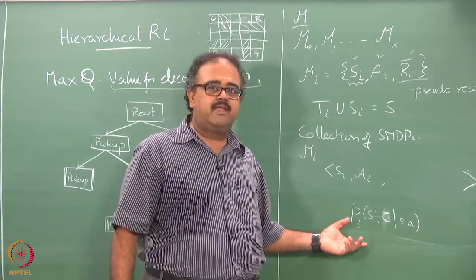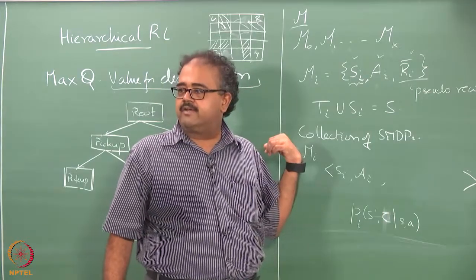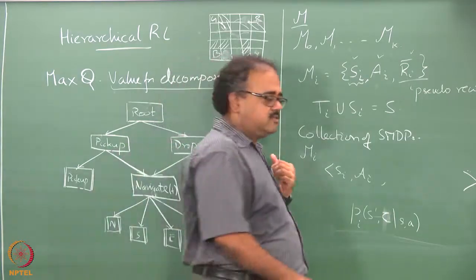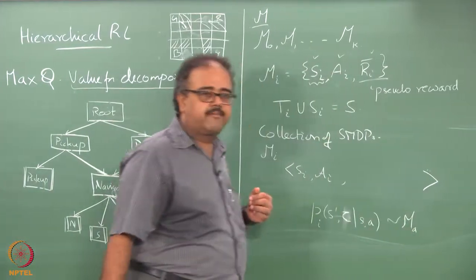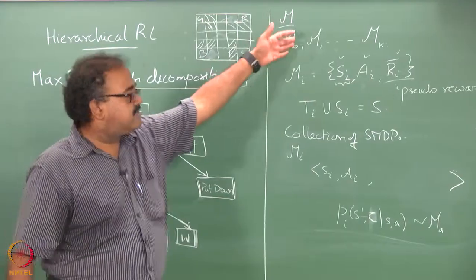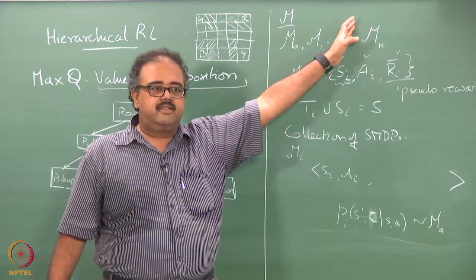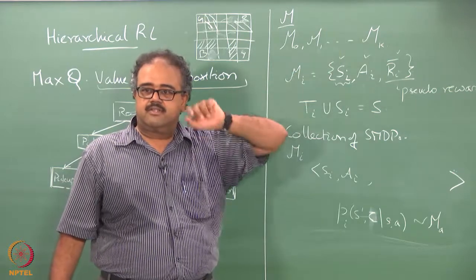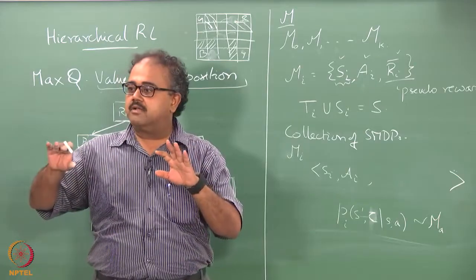This will be determined by how many time steps the subtask corresponding to A will take to complete. So this is determined by M_A, where M_A is the Ath machine here, the Ath subtask. Correct? Are people on board?